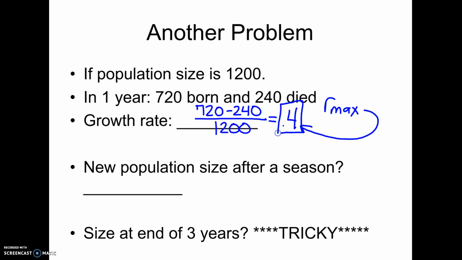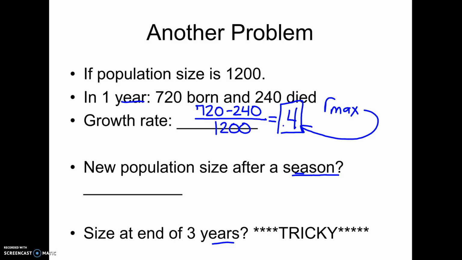Now, they want to know what will be the size of the population after a season here, and I apologize, I was inconsistent. I have year, then I use the word season, here I say year again. So let's just assume I was more consistent and I used the word generation each time. So after one generation, what will be the new population size? Now, technically, since you've already worked out this previous problem, you know by how many individuals it's going to grow.